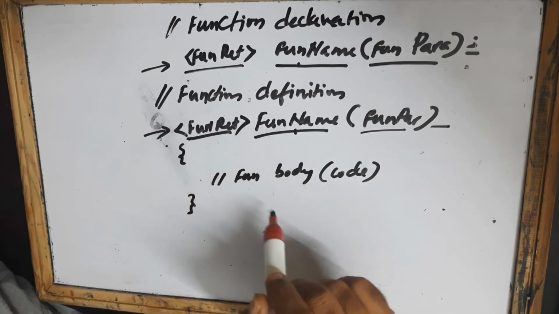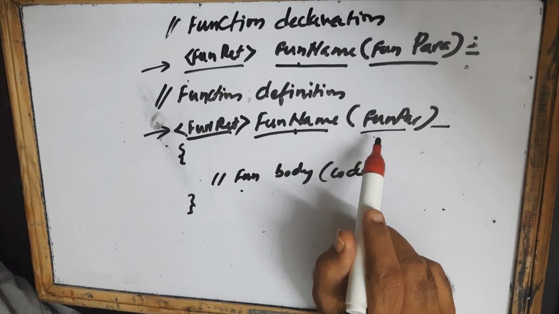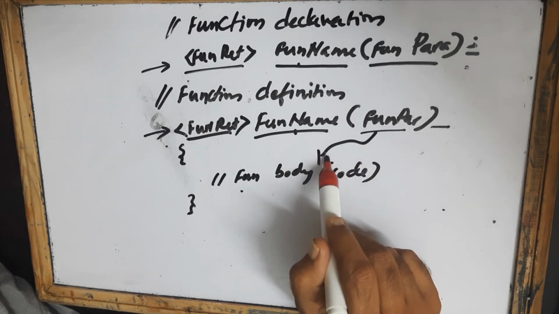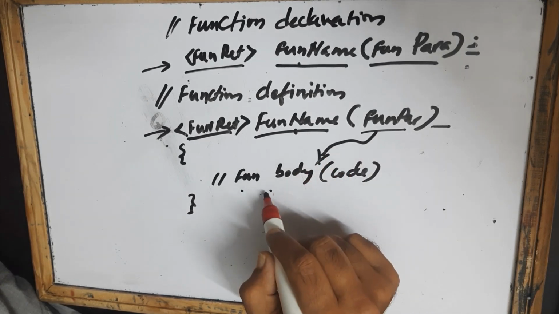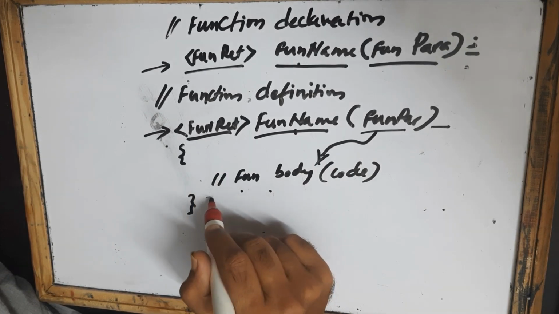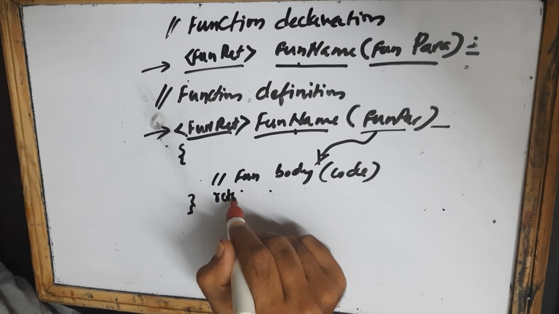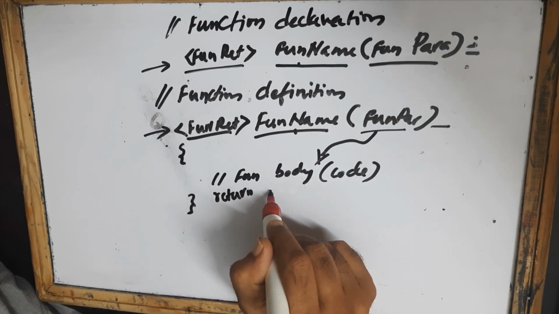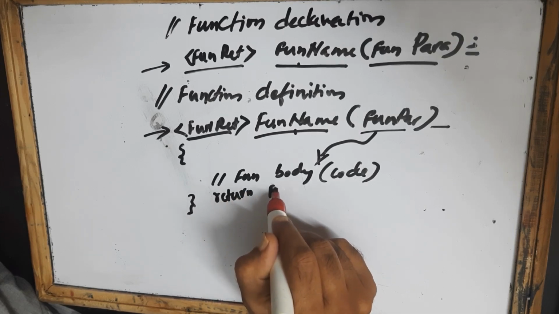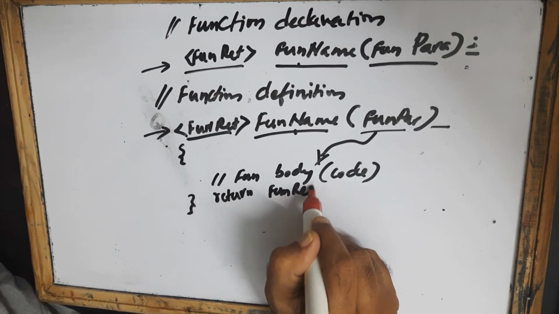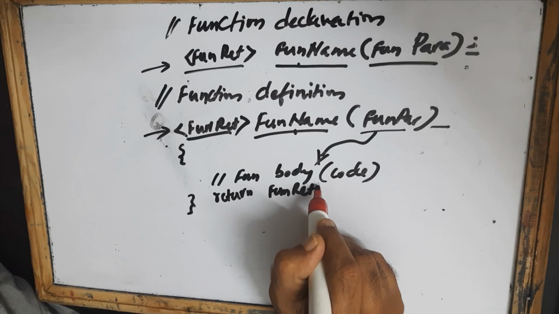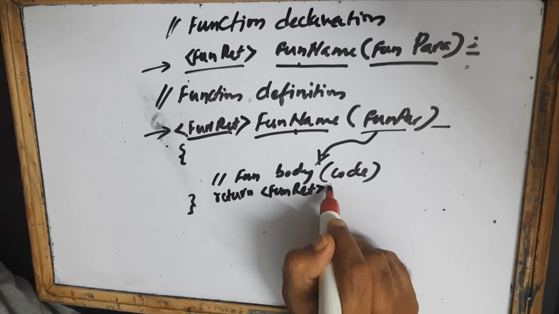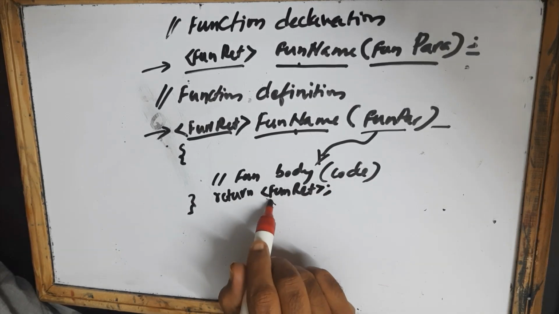In the function body, you can use the function parameters, process them and return. And here you can return whatever the function return is, if there are any. This is again optional.